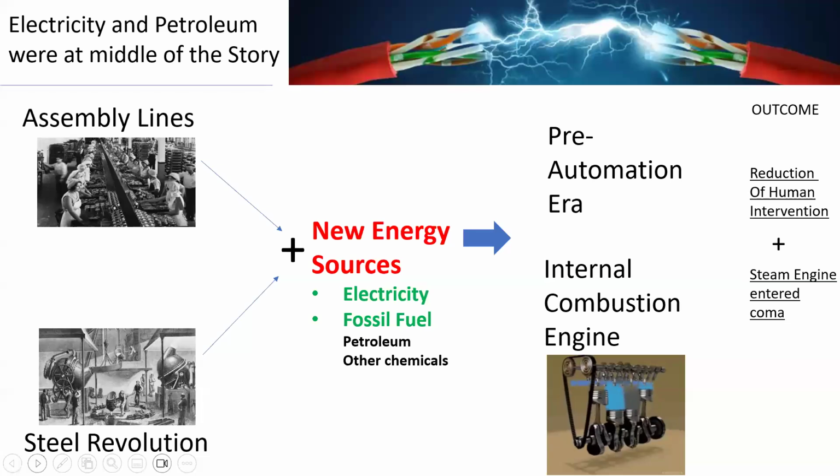Okay. Now, instead of the steam engine, we now have what we call the internal combustion engine. Meaning that we are now replacing that water that we used to boil with a chemical that has the ability to propel. Okay, it's not really propel, it is converting linear motion to rotary motion, and that is what we call the internal combustion engine.